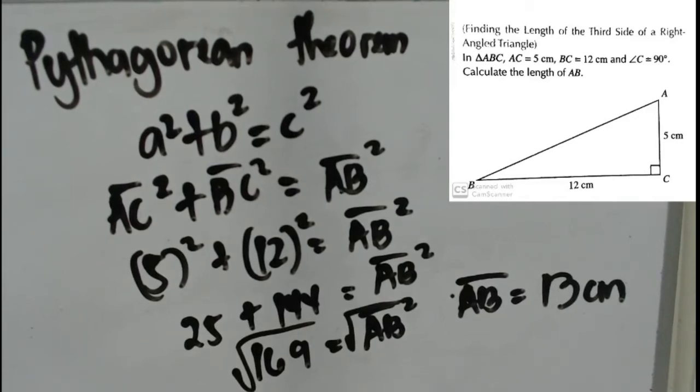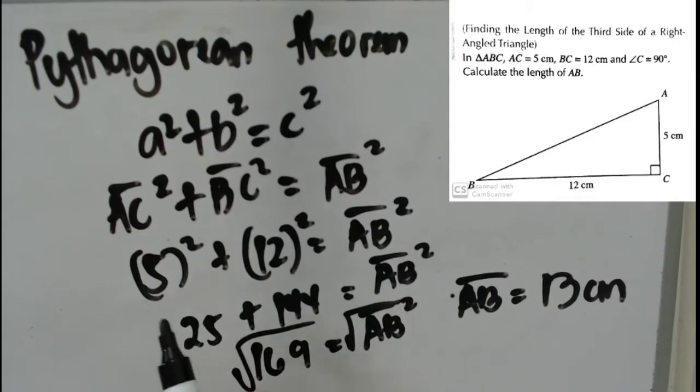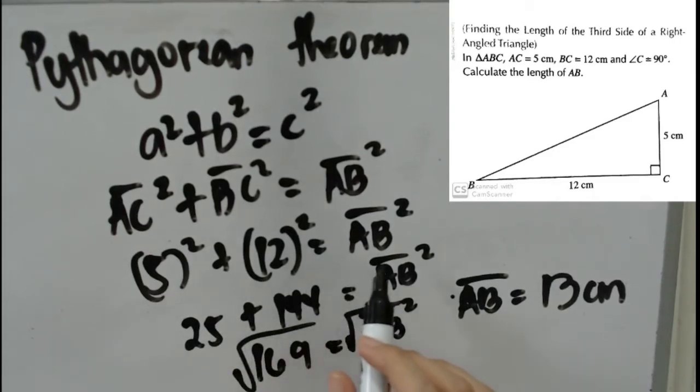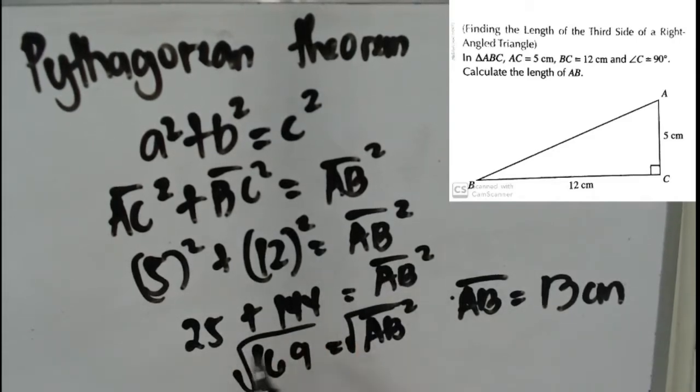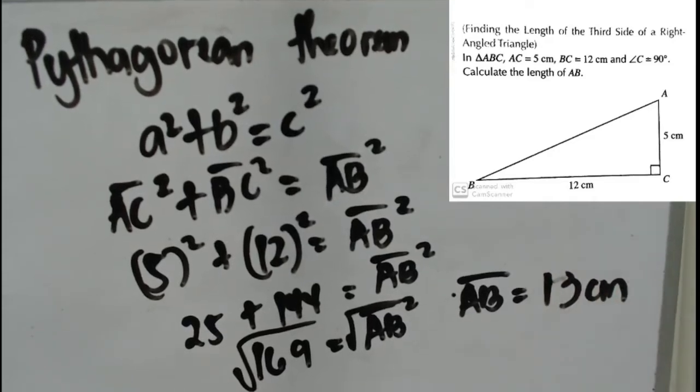So we use the Pythagorean theorem: 5 squared plus 12 squared is equal to AB squared, then 25 plus 144 is equal to AB squared, and we get the square root of both sides. That's why AB is equal to 13 cm.